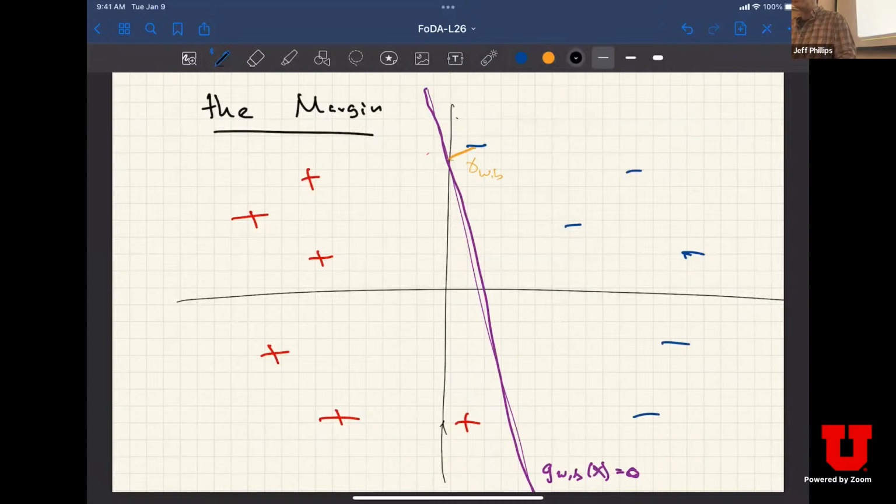So in particular, we'll write this down as gamma. Gamma is the margin, is going to be equal to the min over x, y in our data set, okay, of the value yi times (w dot xi plus b), okay?